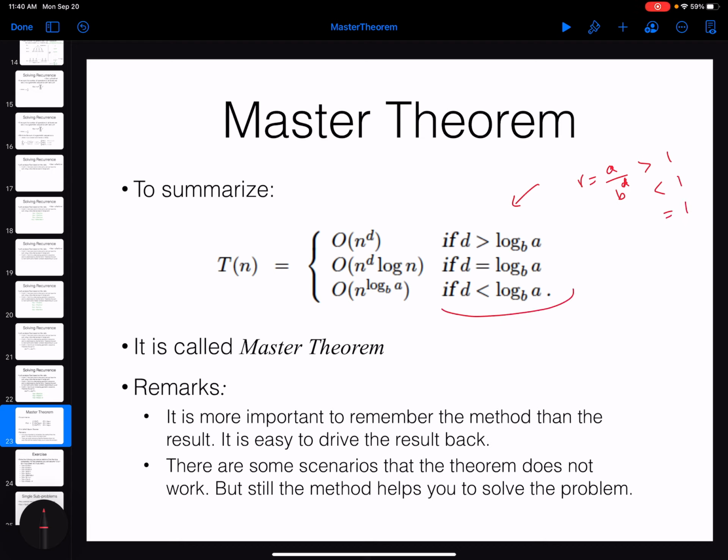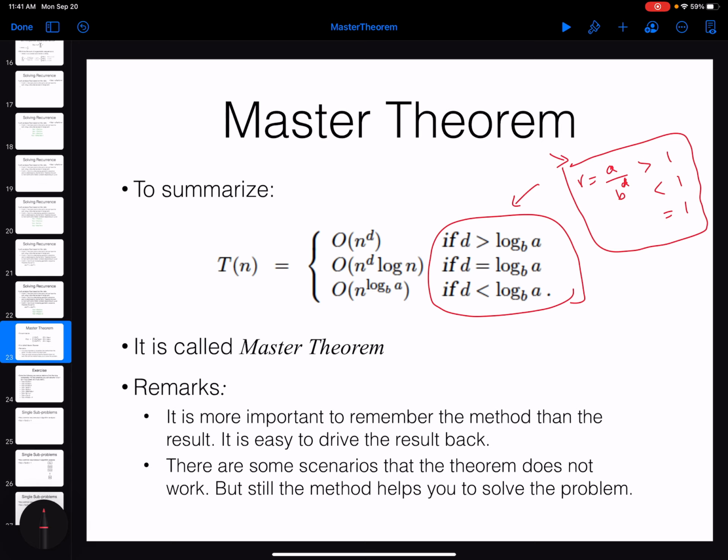Although I don't recommend memorizing the formula. I just recommend you learn how we got the formula, how we did the full proof, so you would never forget it. And this formula for the ratio is going to help you a lot in many other cases.